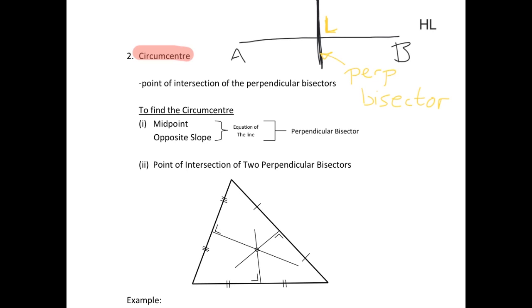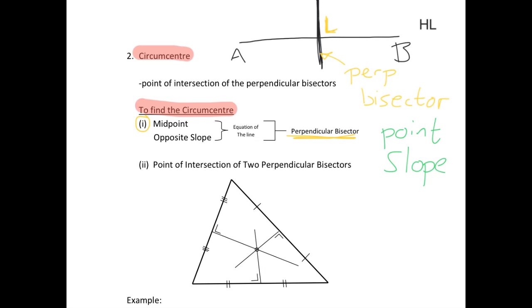So the steps to find the circumcenter of a triangle: first off, we have to find the equation of our perpendicular bisector. You'll recall, to find an equation of a line, you need two things. You need to find a point on the line, and you need the slope of the line.